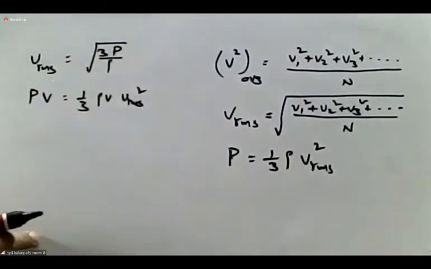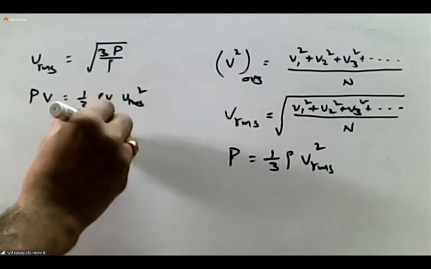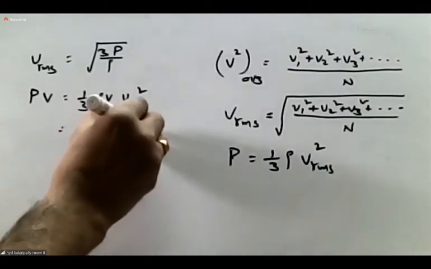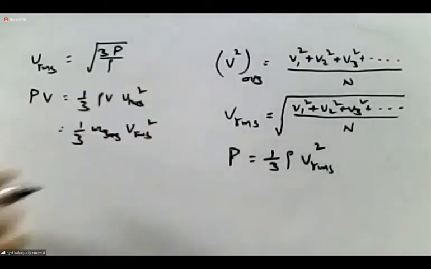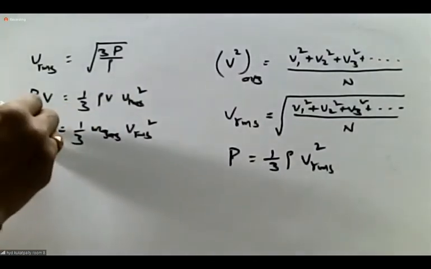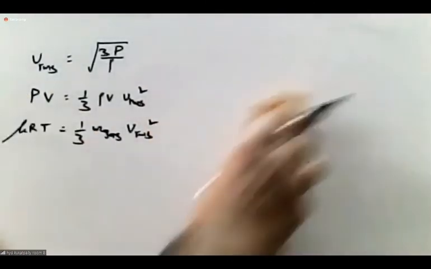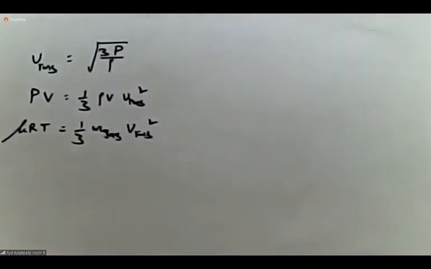Rho V I can write as the mass of the gas, into V RMS square. At the same time, PV equal to mu RT. We are dealing with ideal gases only. So PV equal to mu RT. I have license to write this anytime, anywhere.